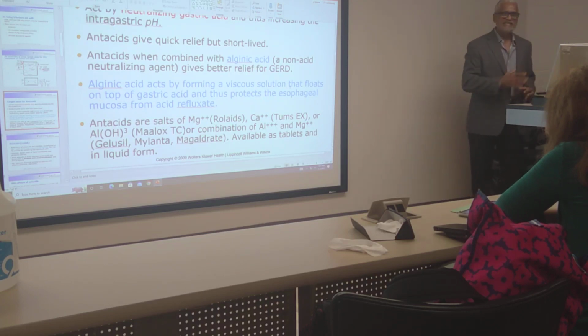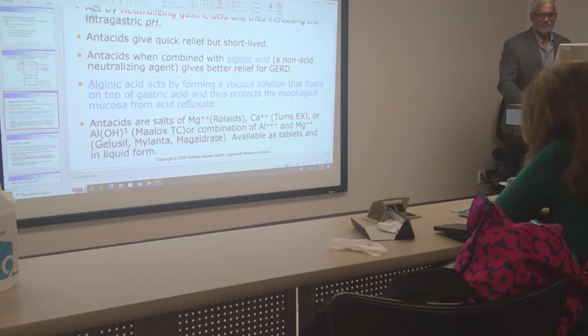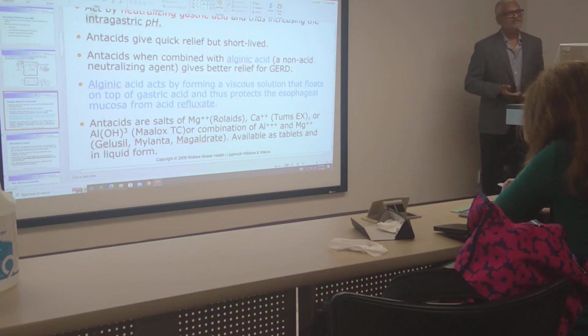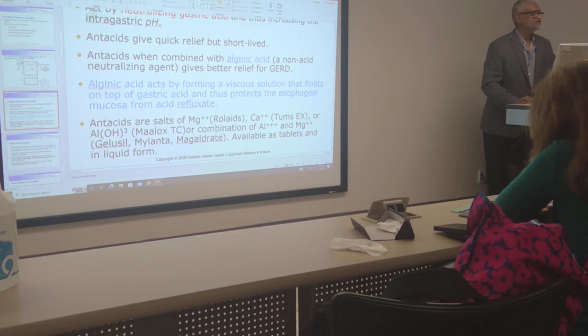But we need calcium a lot, old people and young people, everyone needs calcium. Therefore, Tums is okay to take for a longer time, except for this hypercalcemia condition. But if you take aluminum and magnesium containing antacids at higher doses, they cause diarrhea and similar side effects.